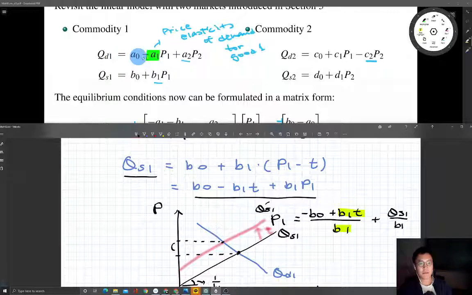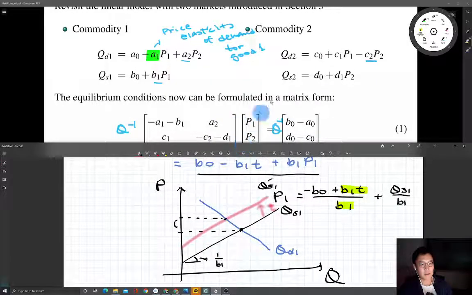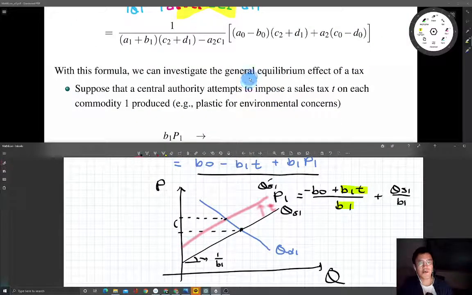And similarly, if P1 changes like this, it will impact demand for good two. So if we consider this kind of general equilibrium effect, meaning that we take into account the interaction between market 1 and market 2.